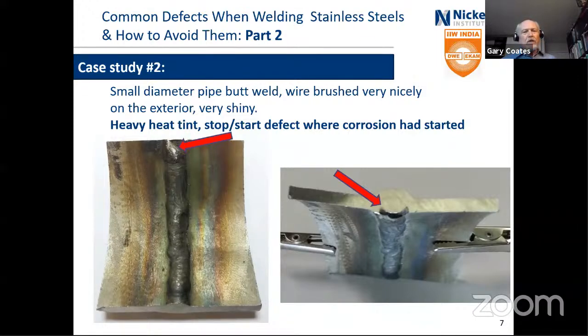This is where the skill of the welder is key. They also should have used purging on the inside to avoid the heat tint, although in this case, the heat tint wasn't the area that was first attacked. It was the stop-start defect.